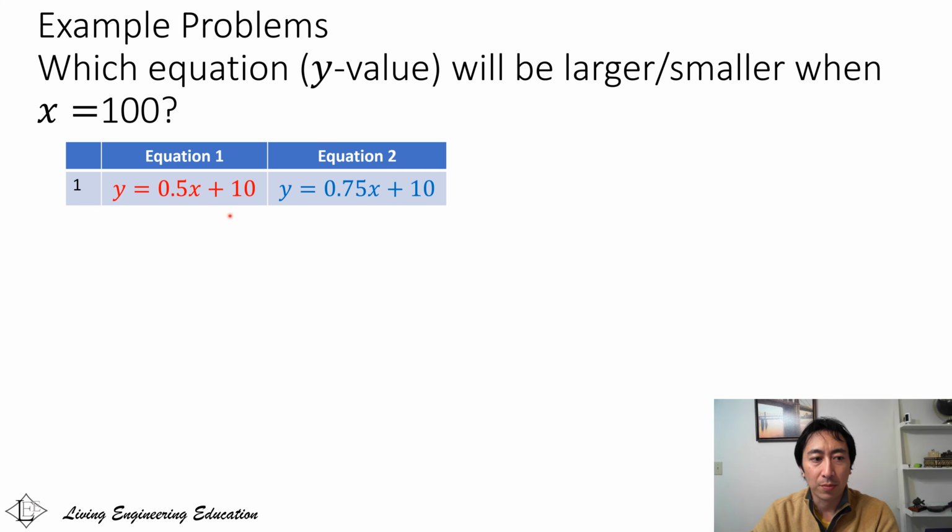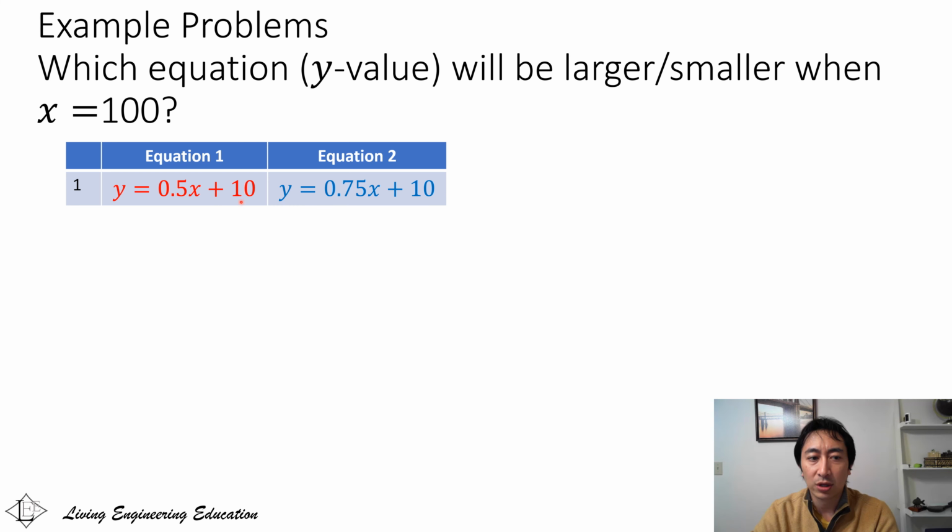So take a look at this problem. We have y equals 1/2 x + 10 and y equals 3/4 x + 10. We're asked which equation will have the larger or smaller y value when x is equal to 100, so a positive x value. What do you recognize to be the same?